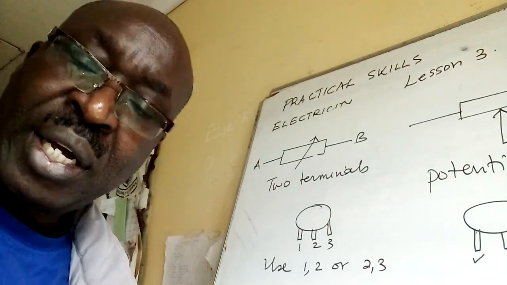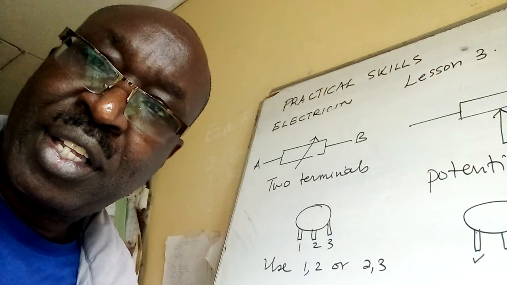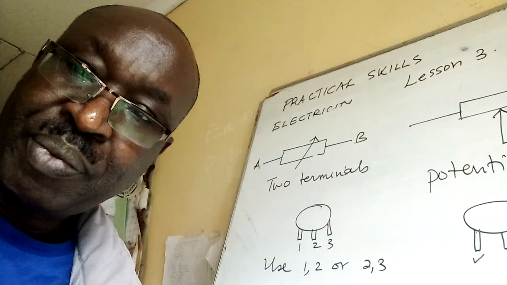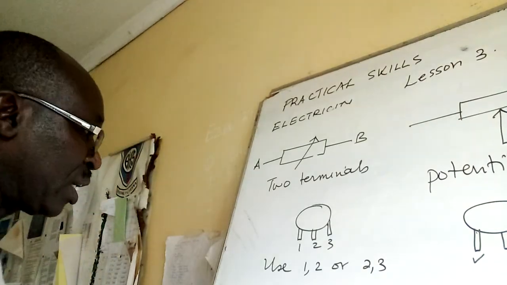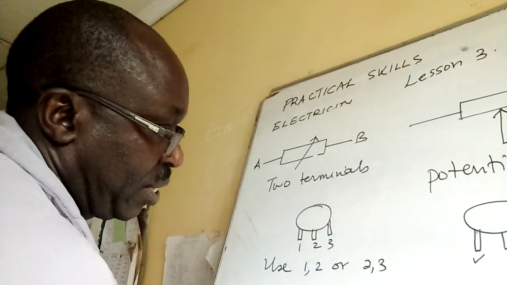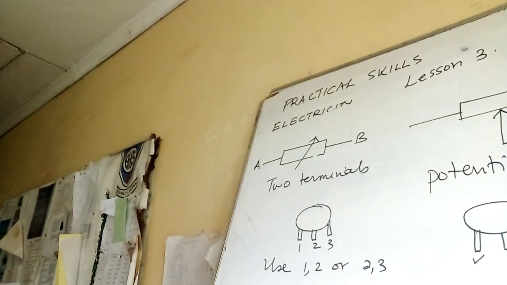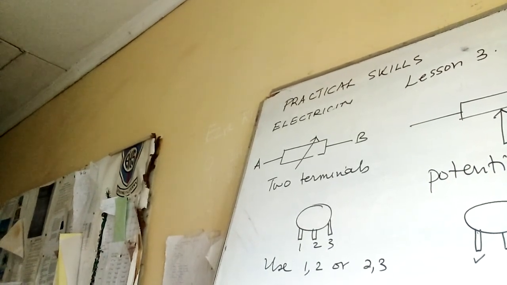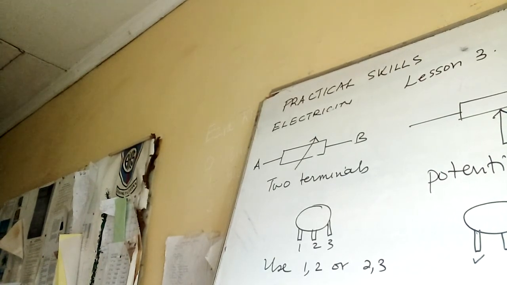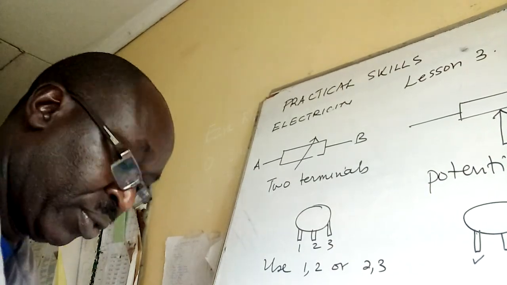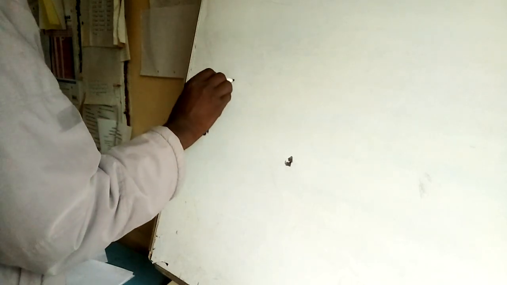Now if you are lucky, the teacher will dismantle this so that you see the inside. So how does the inside look? The inside is basically some wires that are wound.